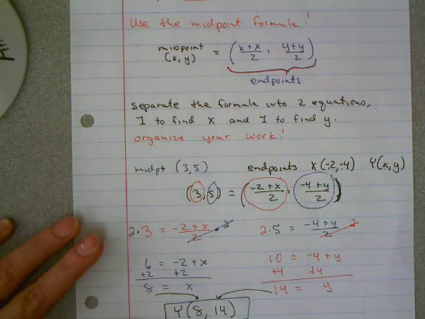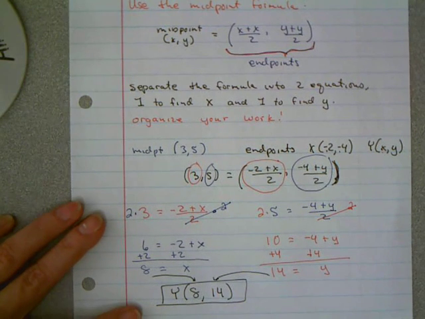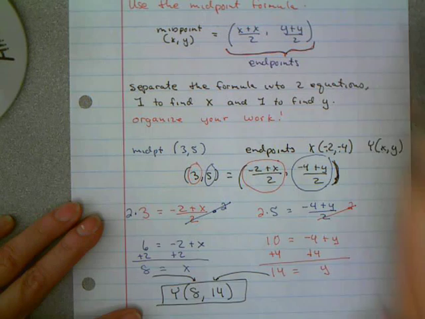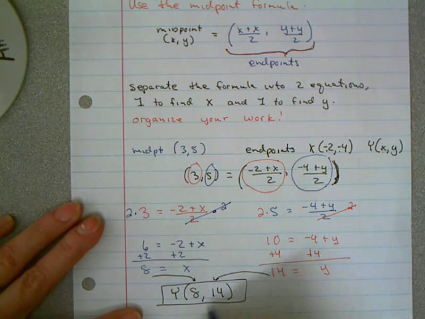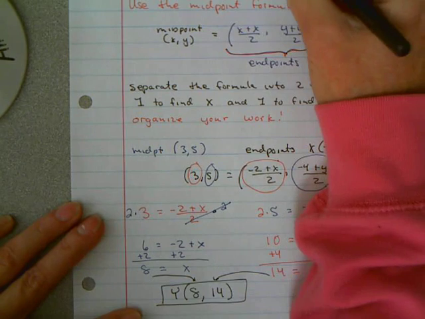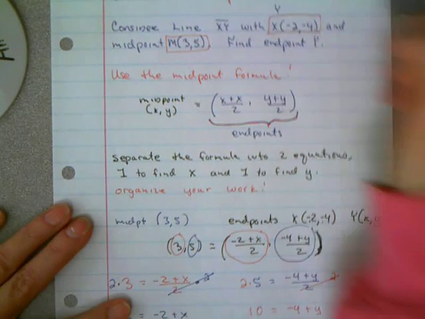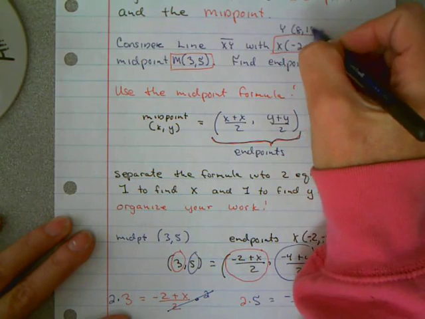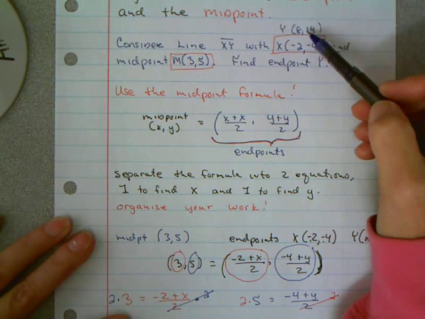So that's my answer. Now, if I wanted to check that, I can use this formula, and I can just say, okay, now I've got two endpoints. I'm saying Y right here is (8, 14).